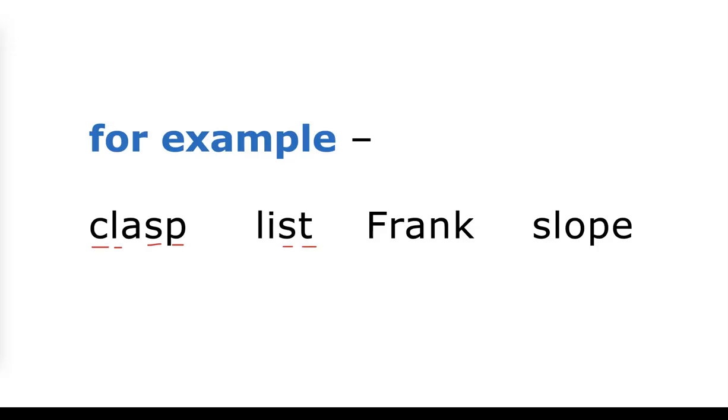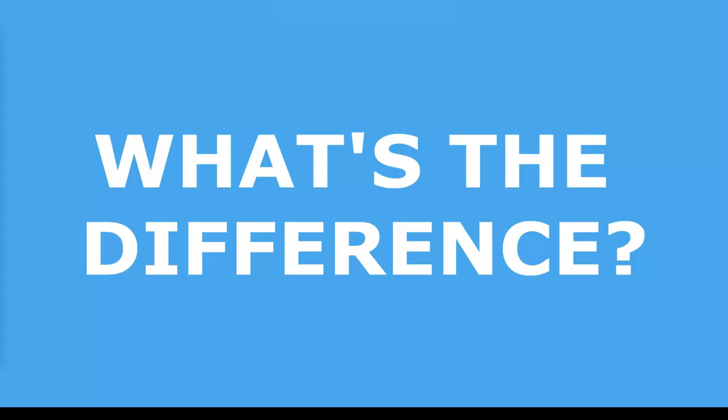List, I underline ST because I hear st. Frank, I underline FR, NK because I hear fr and nk. Slope, I underline SL because I hear sl. And the first 3 are closed syllables with short vowels. Slope is a VCE syllable with a long vowel sound.